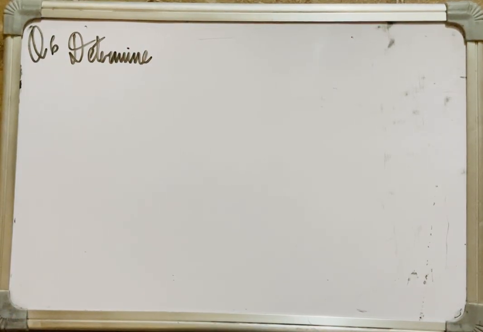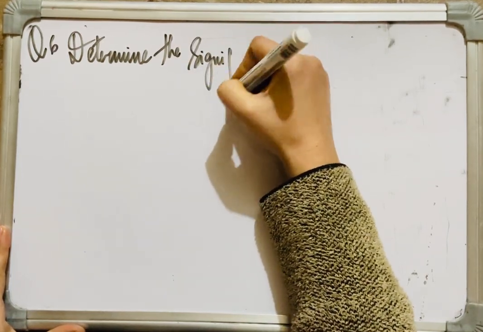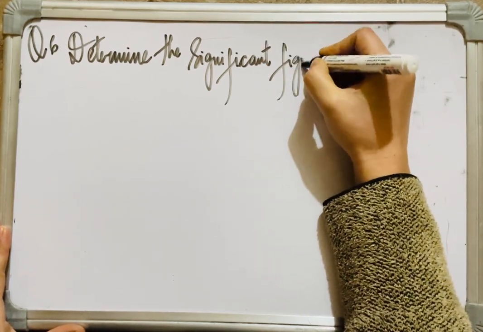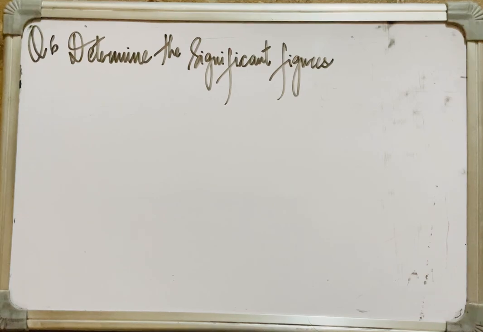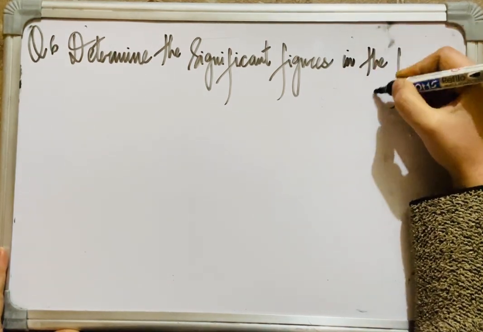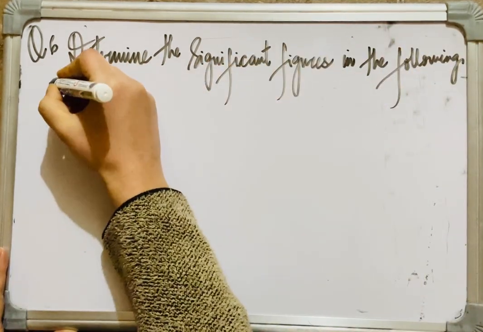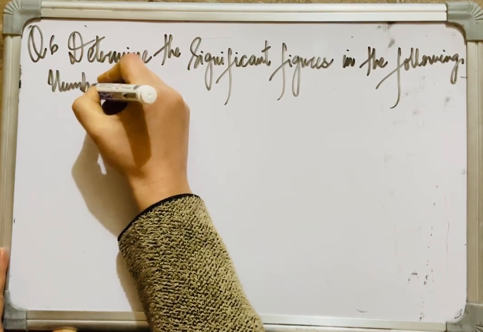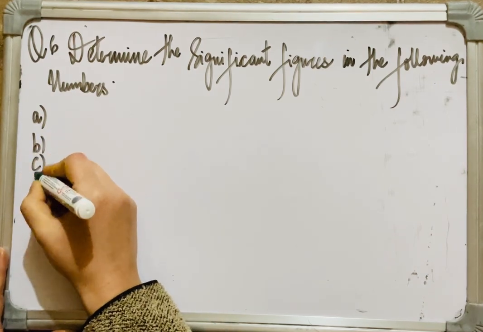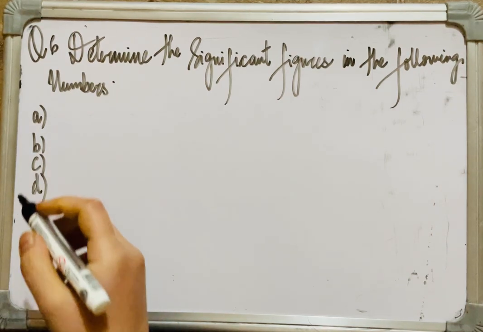Determine the significant figures in the following numbers. How many numbers do we have? We have 5.